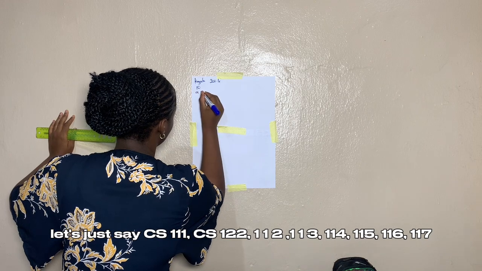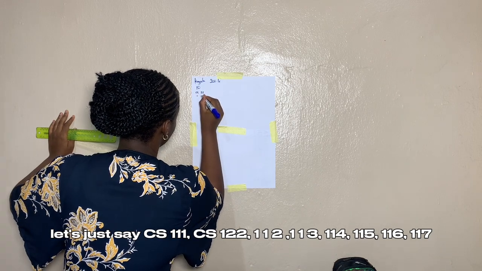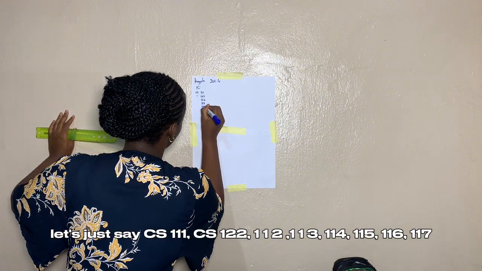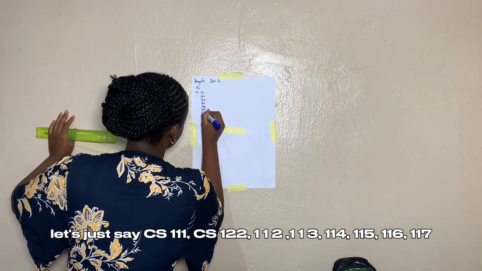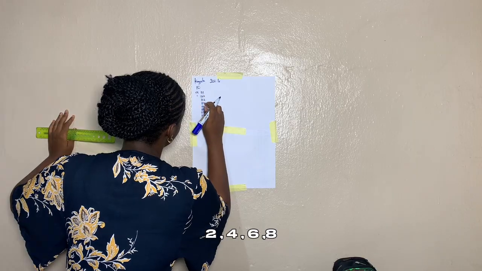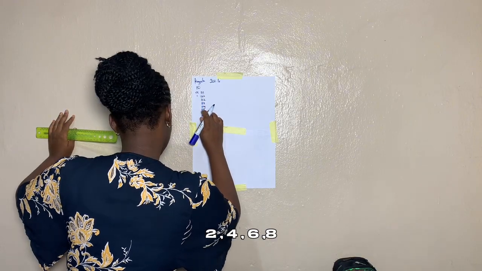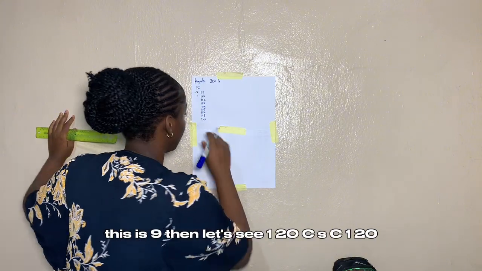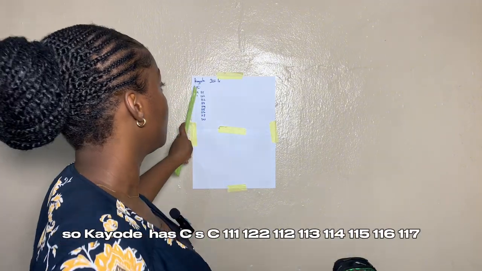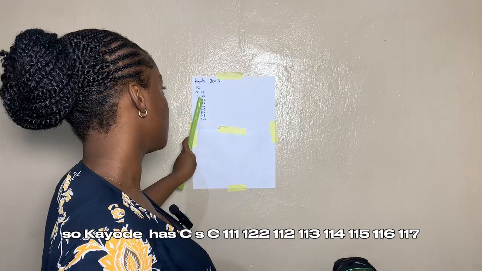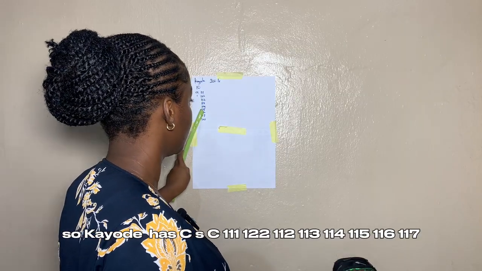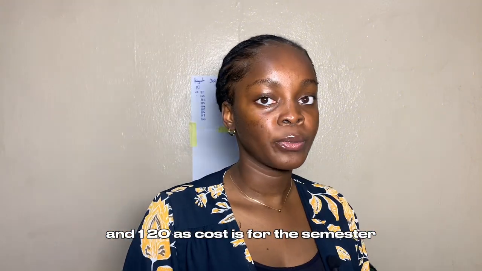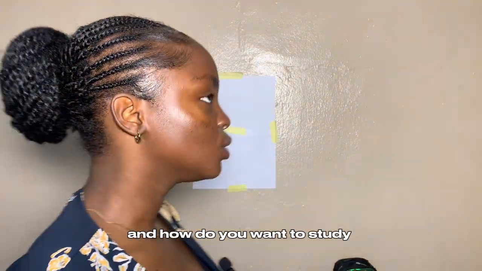Let's just say CSC 111, CSC 122, 112, 113, 114, 115, 116, 117, and CSE 120. So Kayode has these as courses for a semester. And Kayode wants to study.